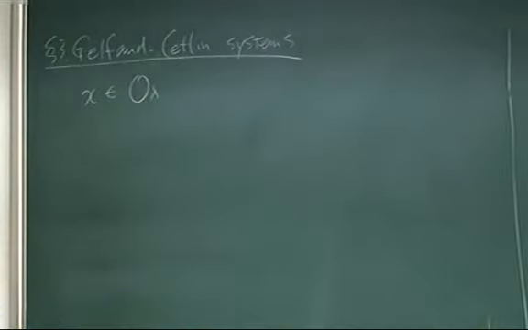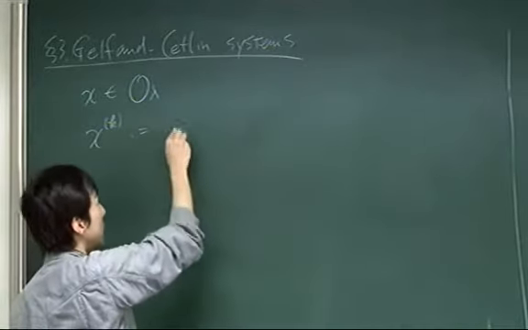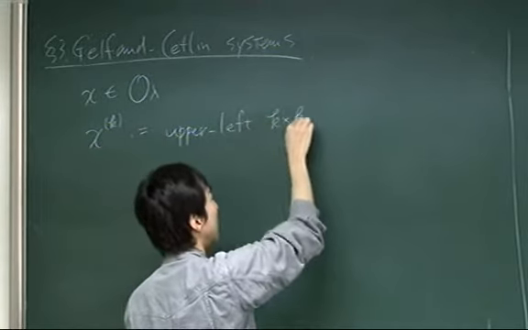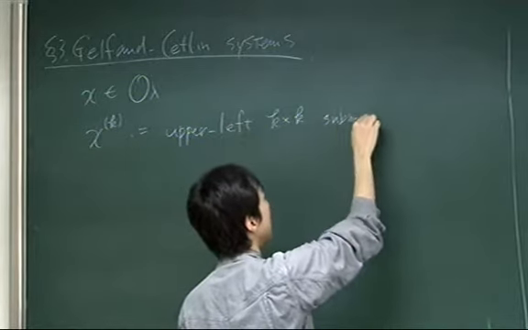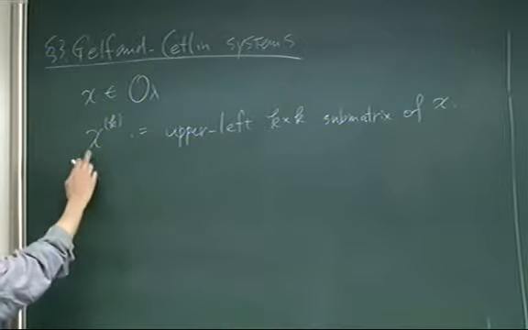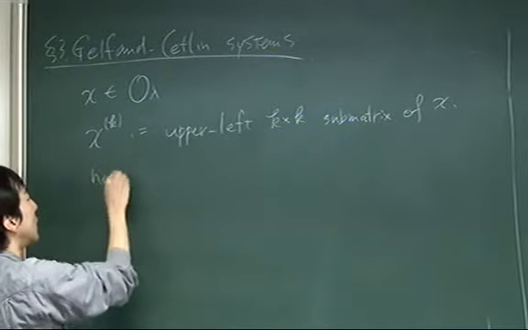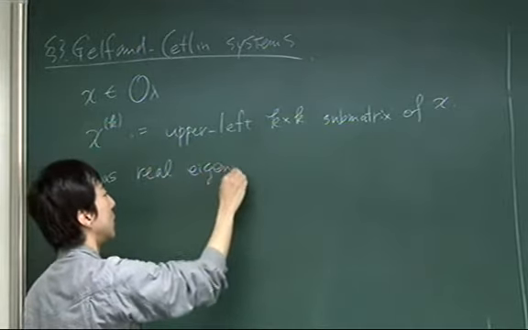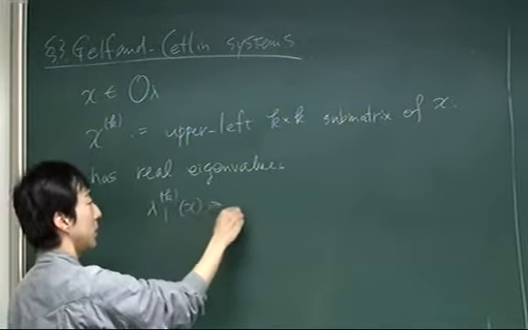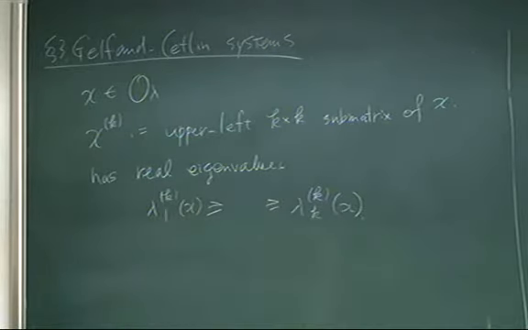Then we define X_k to be the submatrix of the upper left k by k corner of X. Then X_k is again a Hermitian matrix, so it has real eigenvalues lambda_{k,1}(X) to lambda_{k,k}(X). So we can think of these as functions on this space.